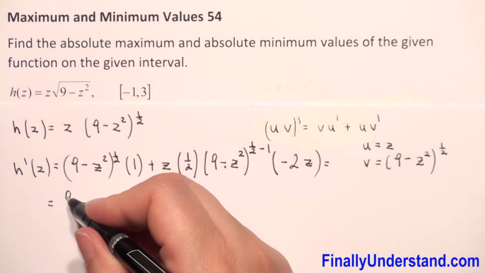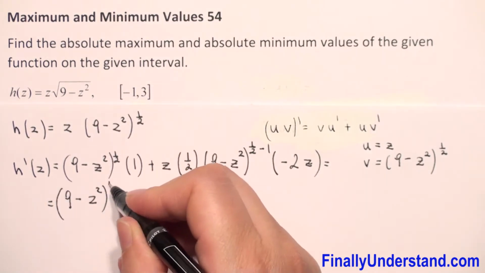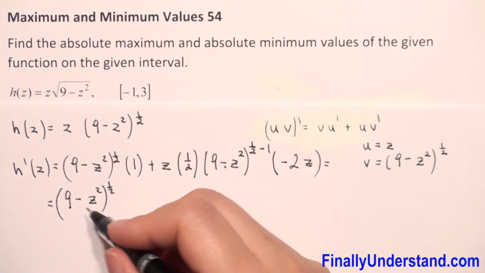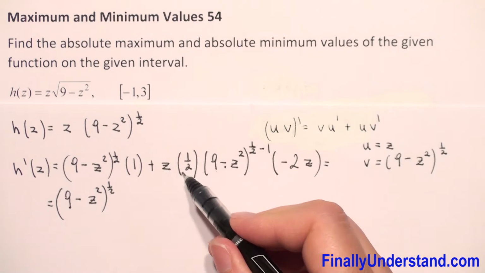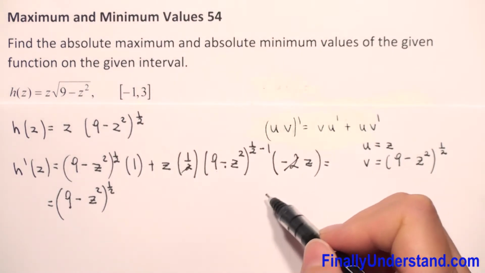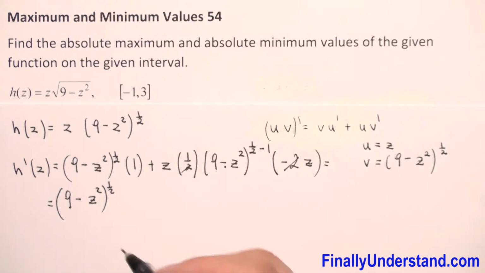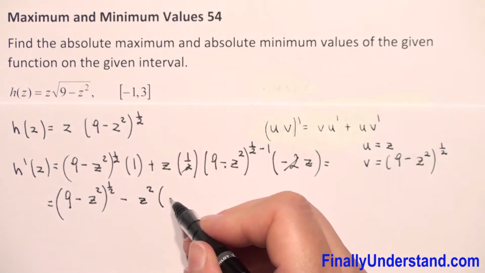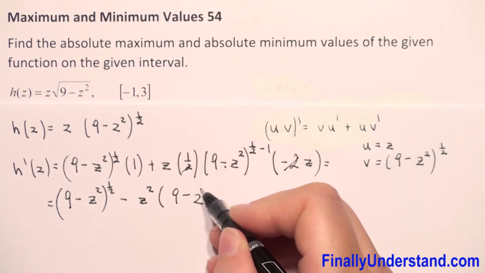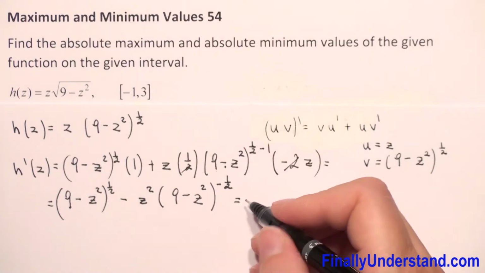So we will have (9 minus z squared) to the power 1/2 times 1, which is the same expression, and here we can reduce 2, and we have z times negative z, so negative z squared times (9 minus z squared) to the power negative 1/2. So this is equal.